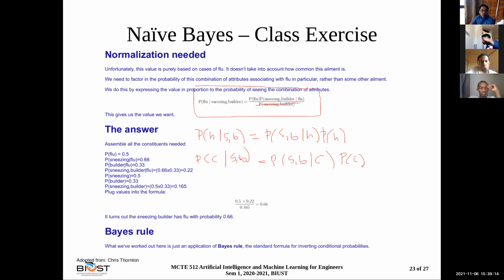We divide it by the probability of sneezing and builder, and the same thing here, the probability of sneezing and builder.